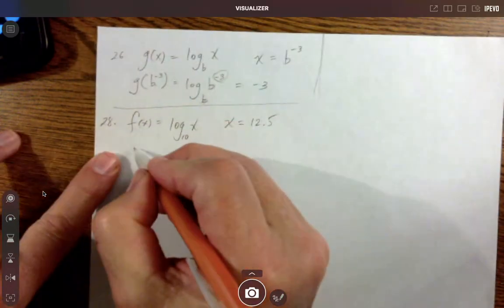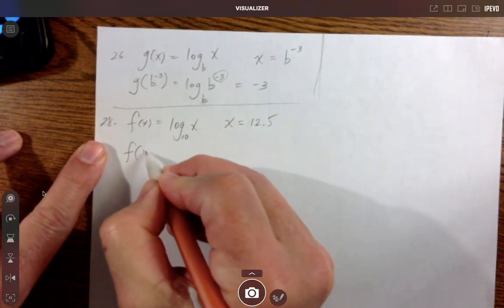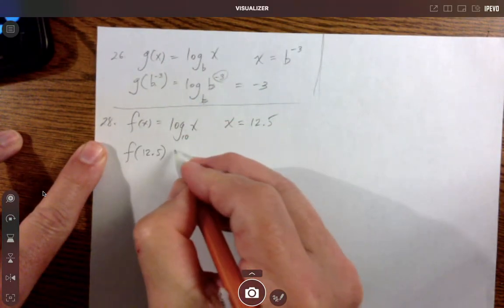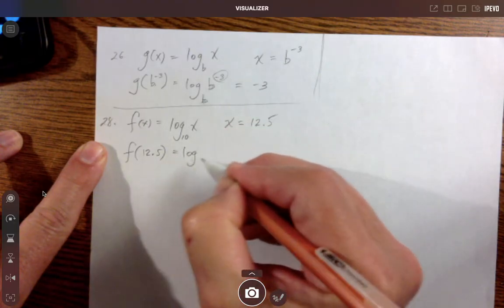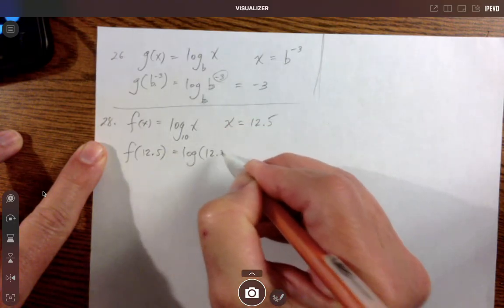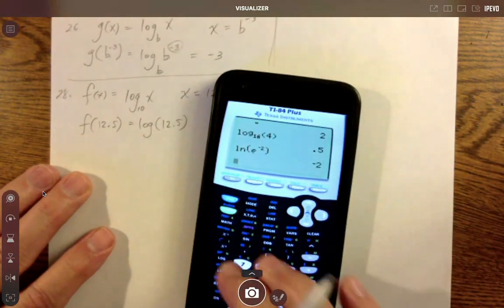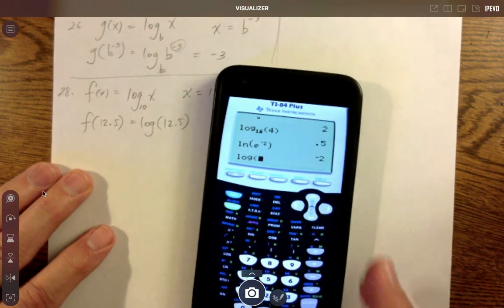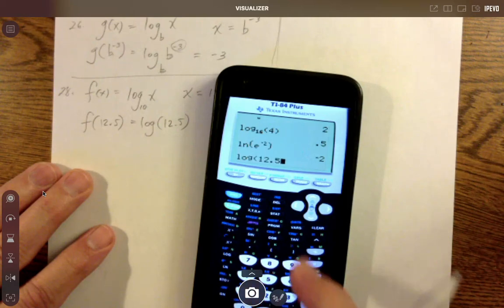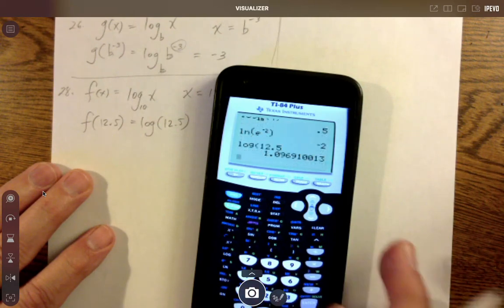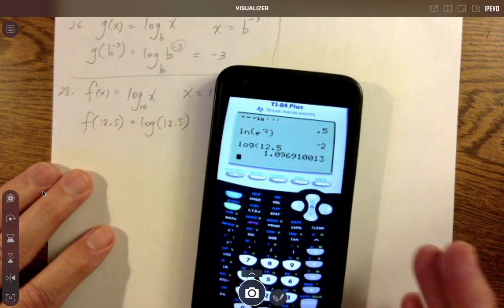So f of 12.5 equals log of 12.5. Notice I did not write the 10 because I don't need to. That on your calculator is right there, log of 12.5. And I get approximately 1.1. Right?